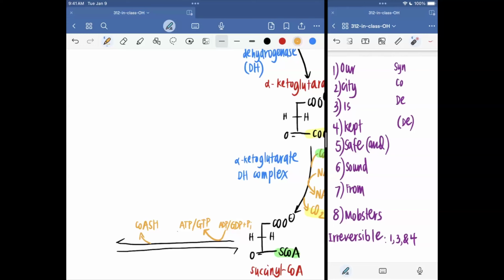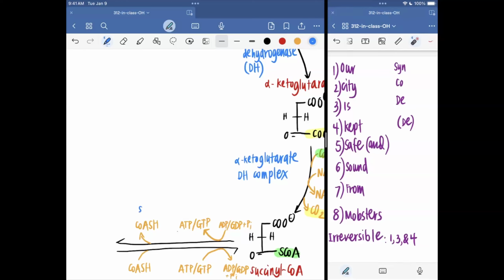So now if we think about the reverse reaction, we're just reversing the arrow for each of these steps. One thing I'll also note is that this is an example of substrate level phosphorylation, where we're going to see the addition of that phosphoryl group to succinyl-CoA to ultimately allow for the production of succinate, which is where we get our second S from.